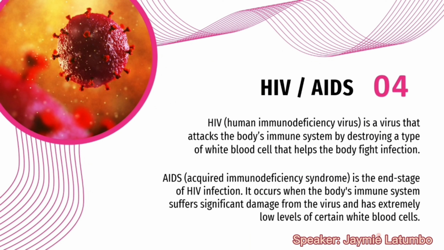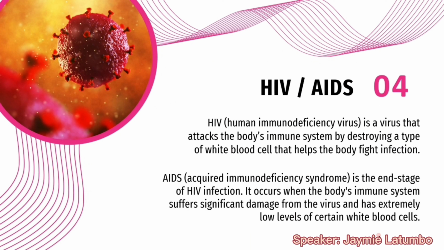While AIDS or acquired immunodeficiency syndrome is the disease caused by the damage of HIV. AIDS is the stage where a number of potentially life-threatening infection and illnesses have happened to the immune system because of HIV. So, AIDS yung stage kung saan sobrang vulnerable na ng body sa infection and illnesses dahil napahina ng HIV yung immune system ng body.